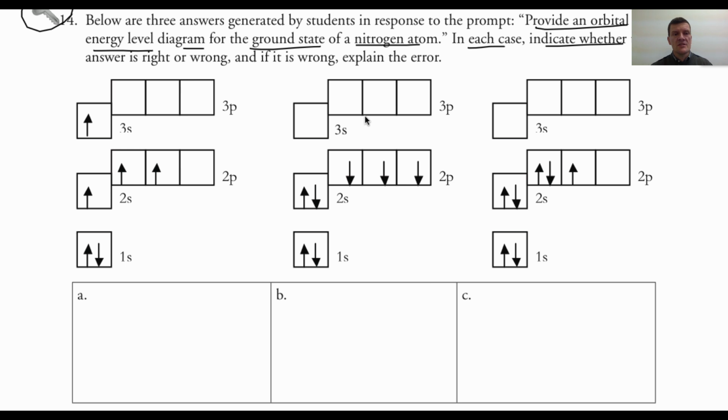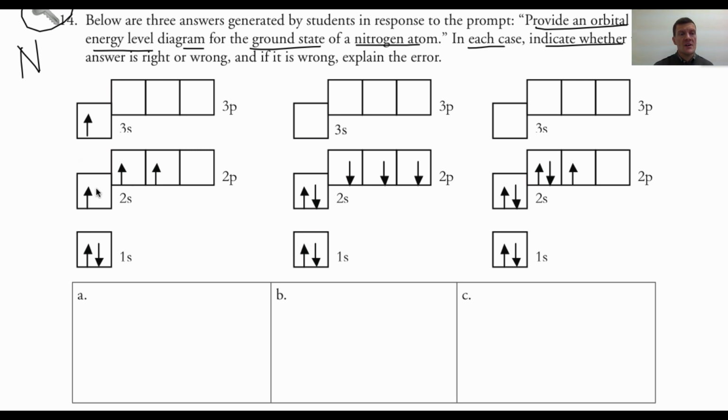So, nitrogen, first of all, we should figure out how many electrons it has, and let's see if they all have the same number of electrons. It looks, first of all, like one of them has 6 and one of them has 7, but we'll talk about that as we deal with this.